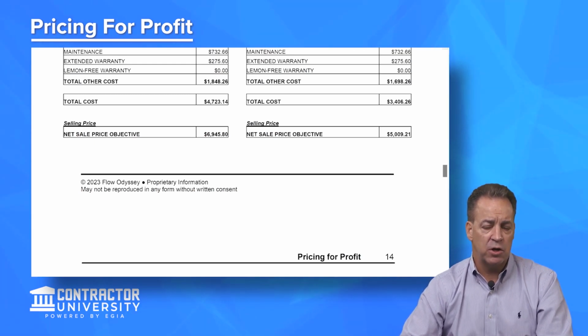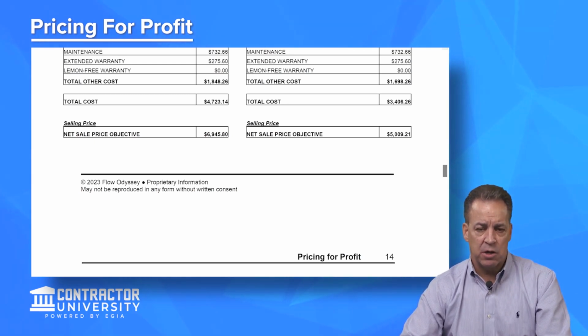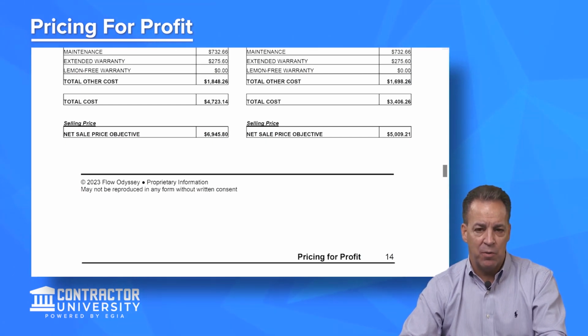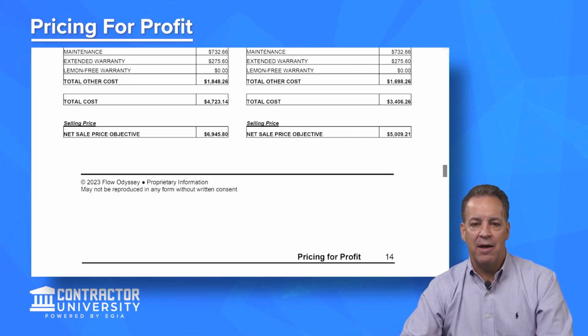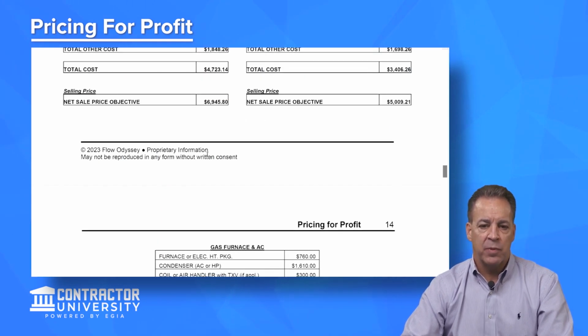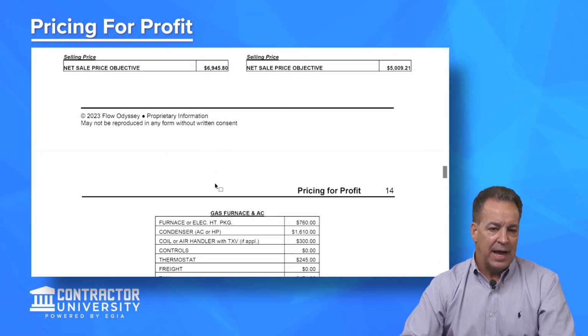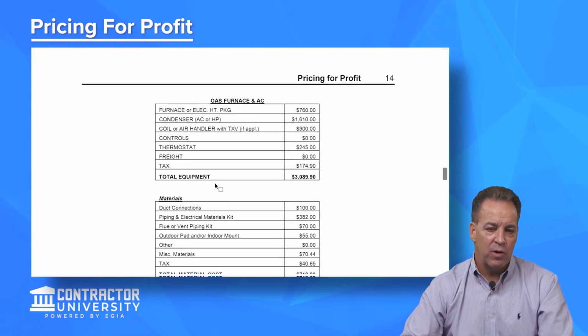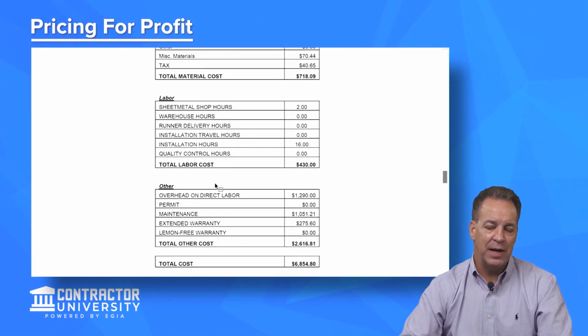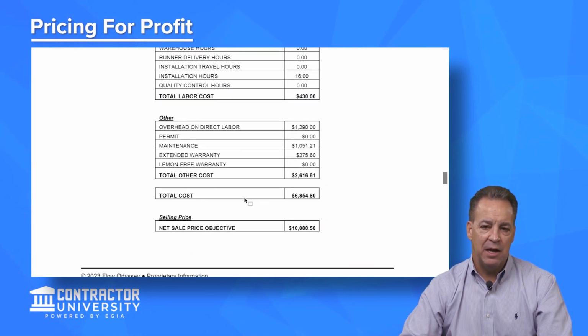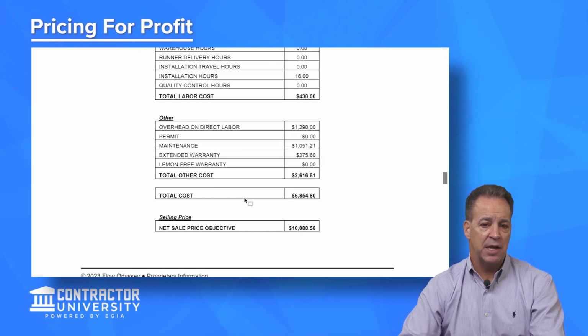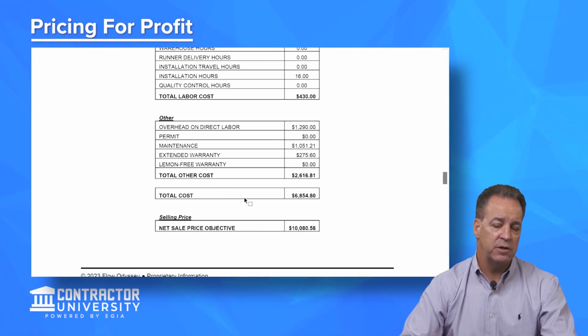Even though the pricing structure is a little dated as far as the actual numbers of the equipment, you're going to get the idea and the concept. The gas furnace and AC put together creates an economy of scale and savings that we then pass along to the customer. As you can see here, we save the customer about $2,000. It's no different than being on a service call, right?